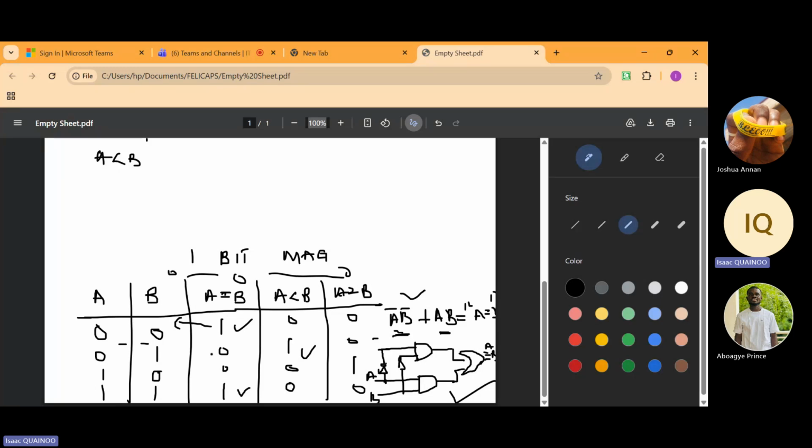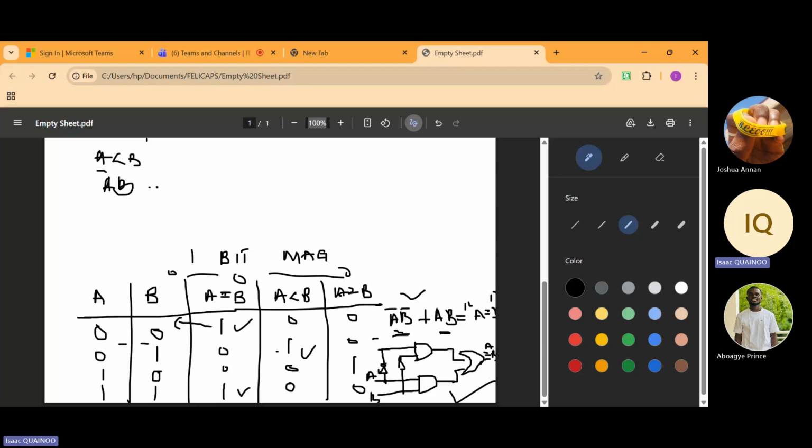So at that point, which input combination can we trace it to? 0 and 1. Okay. So 0 and 1, what is it going to give us in terms of A and B?